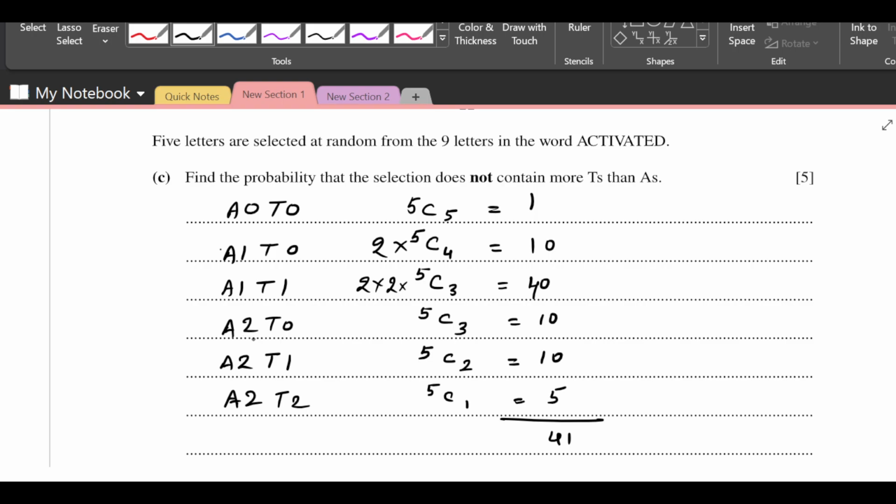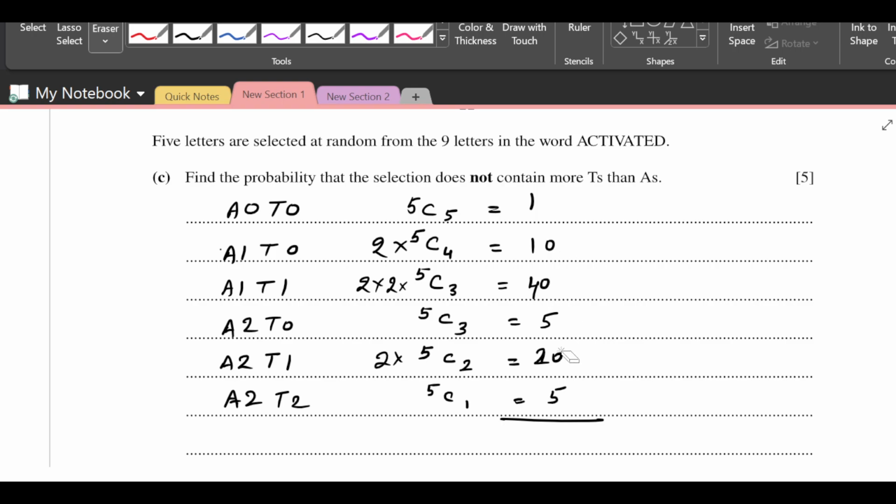If I'm selecting two A's and no T, then it is 5C3 only. 5C3 and 5C2 are the same. And when I select two A's and one T, then again I have two choices. So 5C2 is 10. 10 times 2 is what? 20. And finally, again I have 5. So now this arrangement will change.